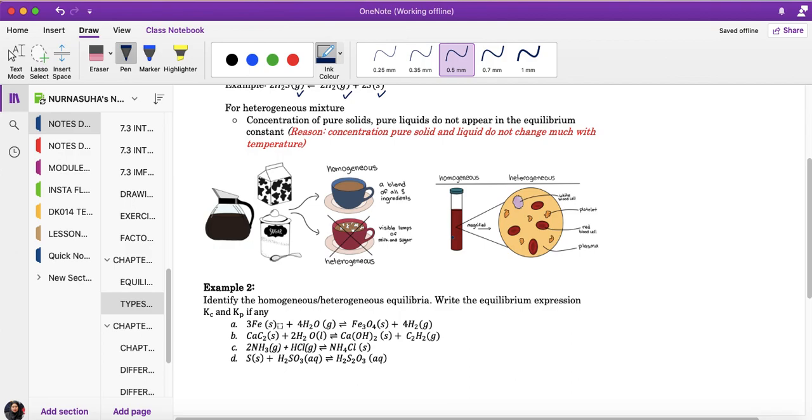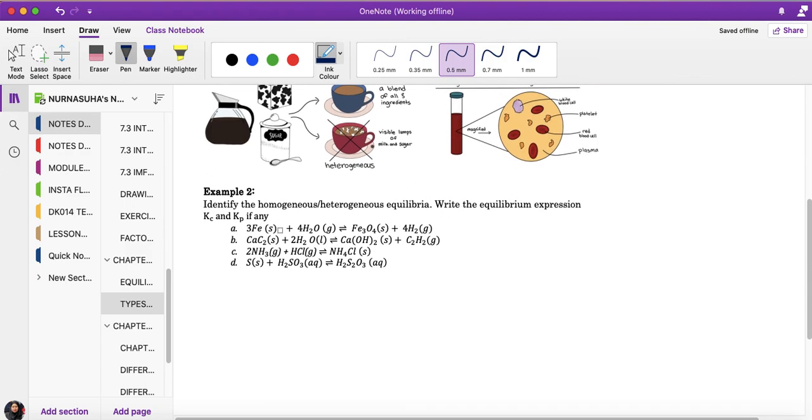Please complete these exercises. There are 4. Submit to me through GC. The questions ask you to identify homo or hetero, and write the equilibrium expression Kc and Kp if any.